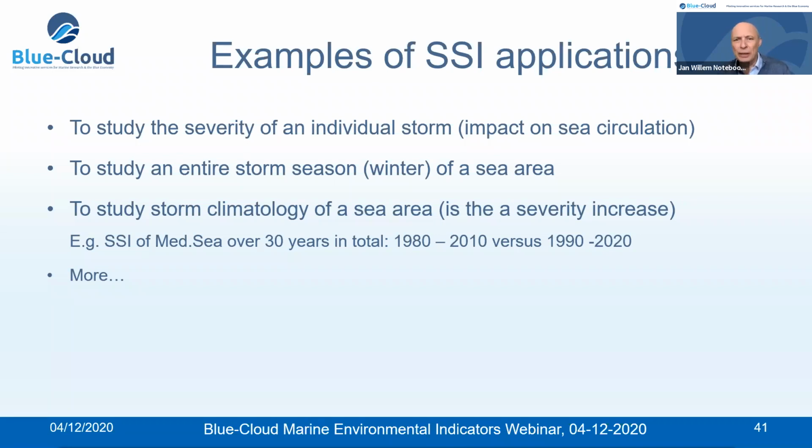You can compare 1980 till 2010 with 1990 till 2020 to see if there is, for example, an increase in severity, so climate change occurring. But this SSI can also be used as a feature for all kinds of other modules that study the ocean. Next.